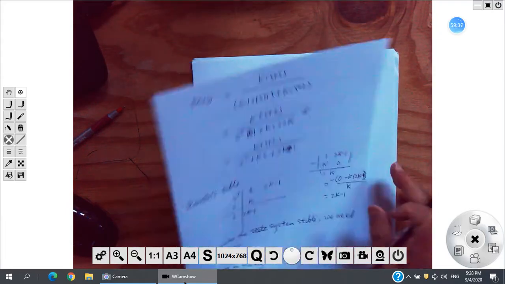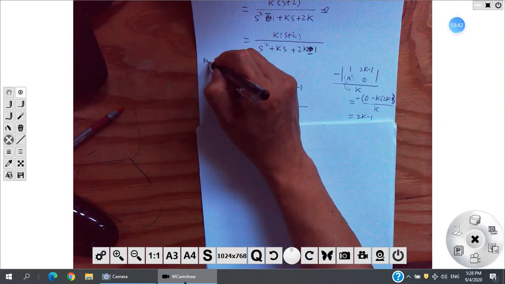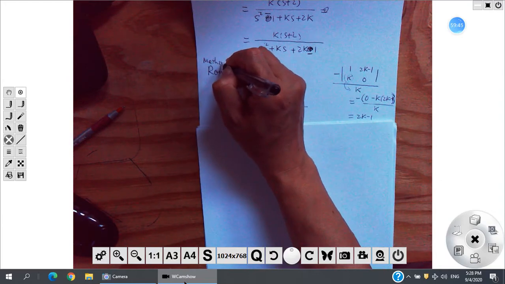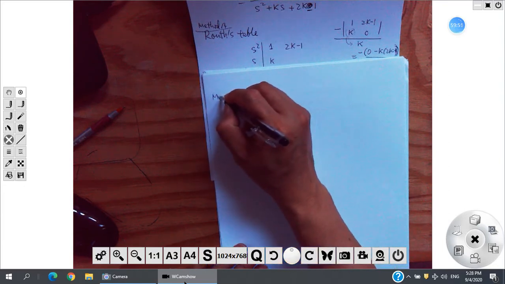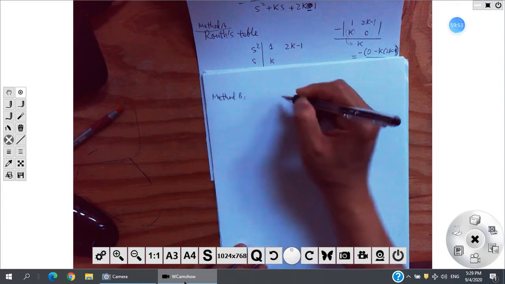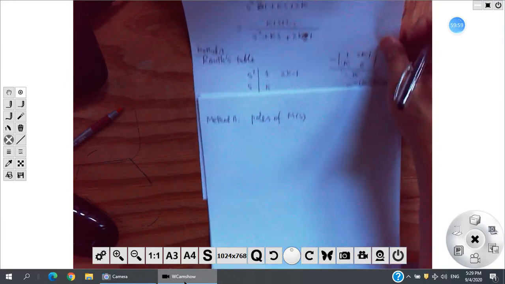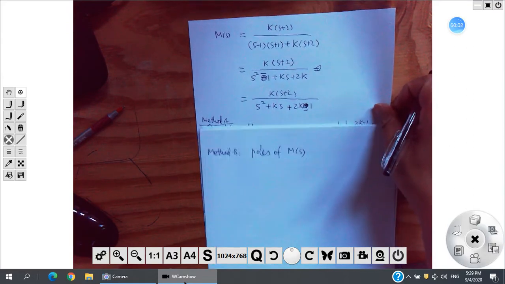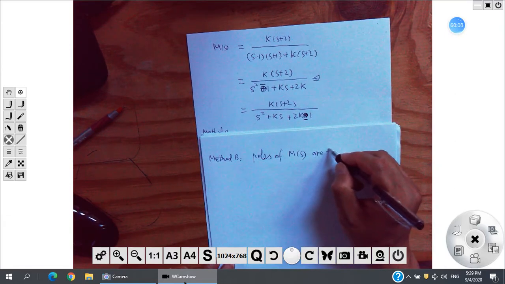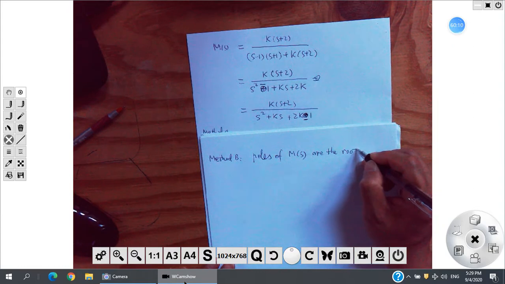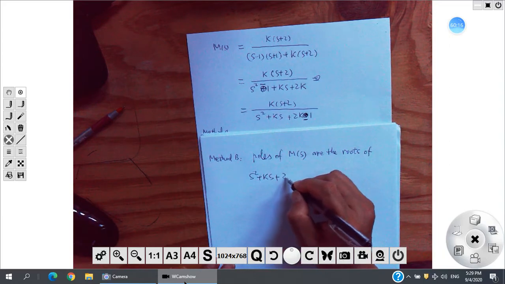We can also solve it directly from the poles, method B. The poles of M of s, the poles of this system, are the roots of s squared plus ks plus 2k minus 1.